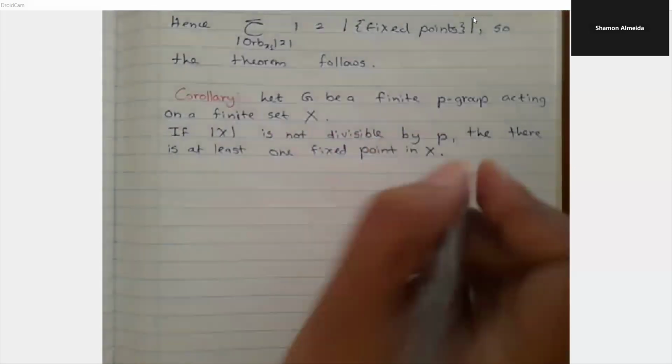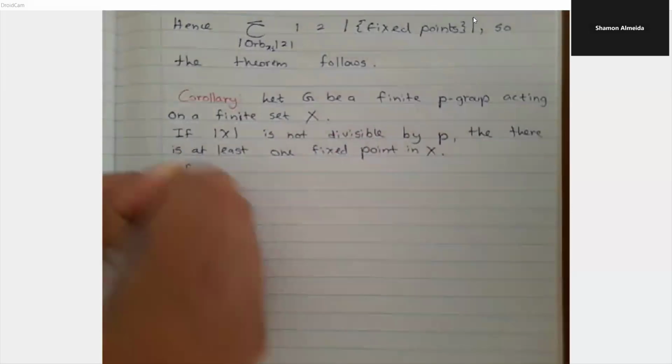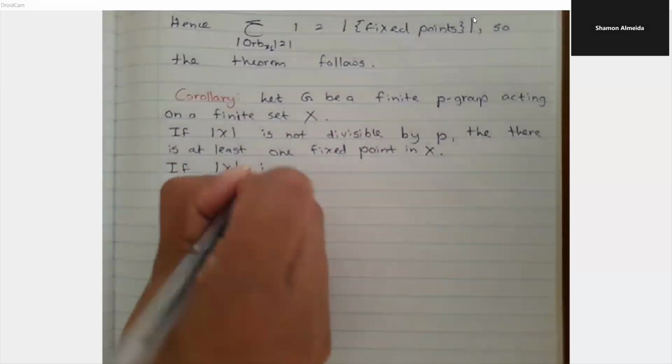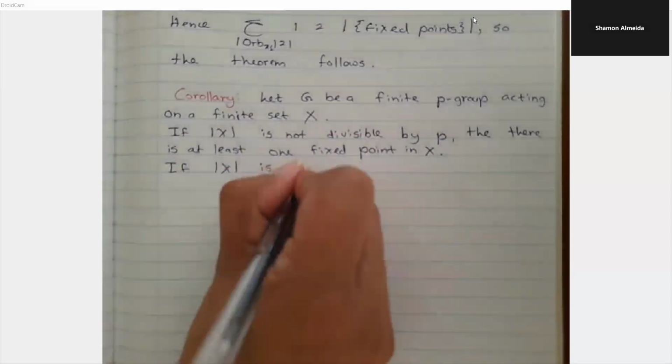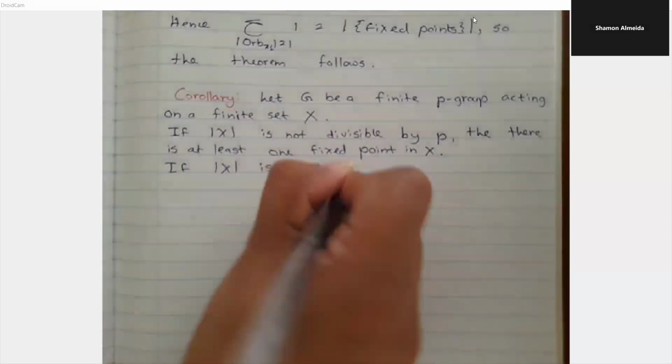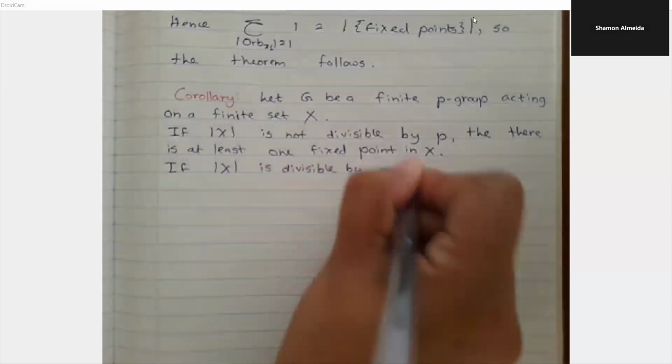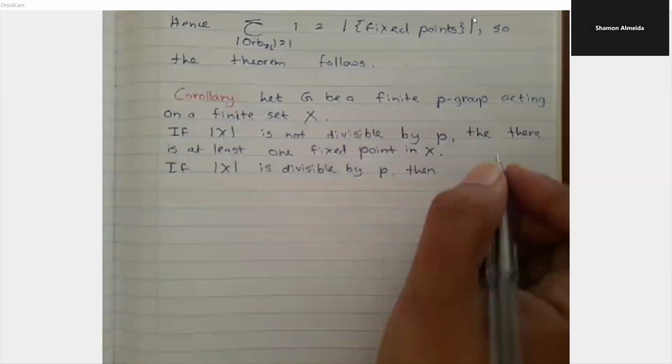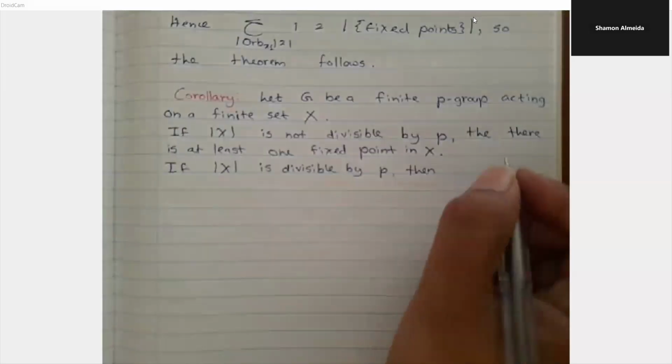On the other hand, if the order of X is divisible by p, then the number of fixed points is a multiple of p, possibly 0.